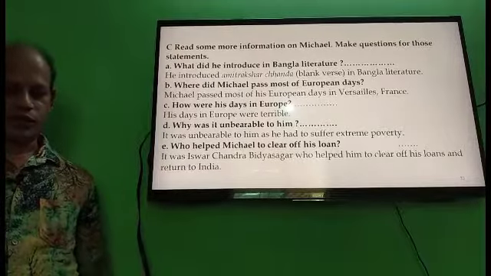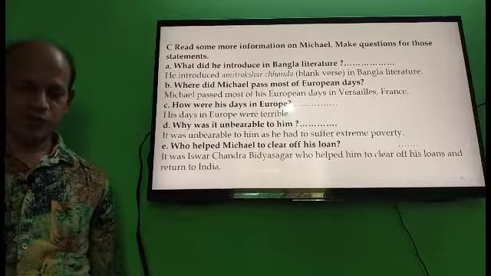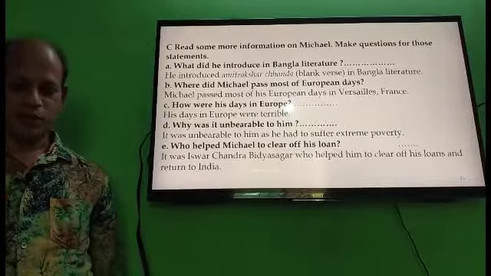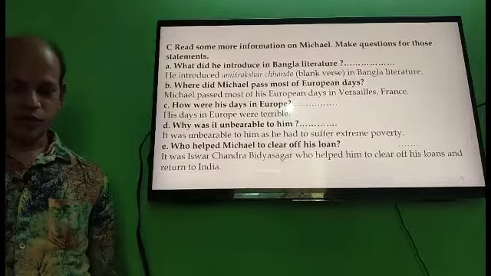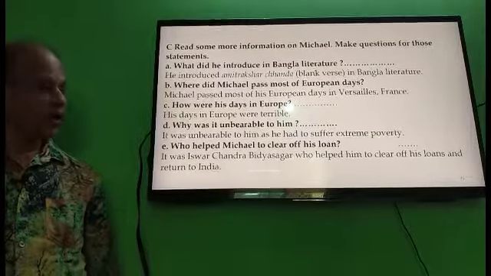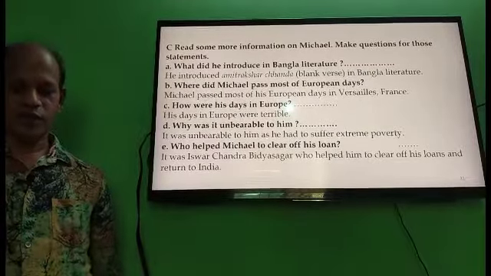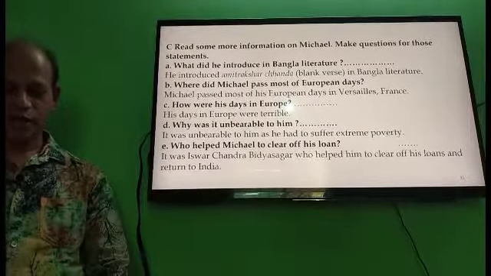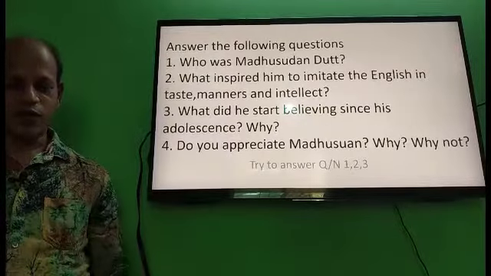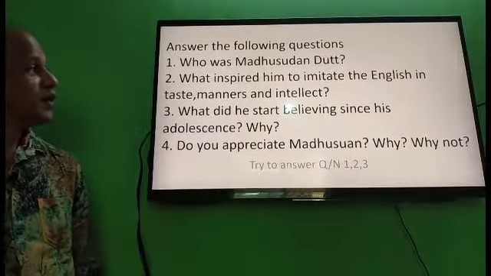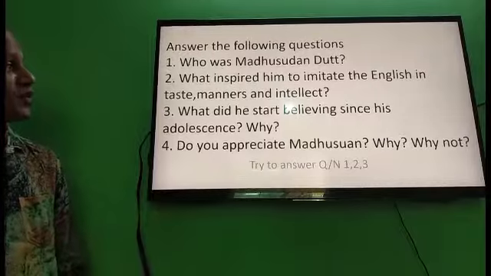So you see, there are 5 W's questions that you have made, and I have already got some sample questions. Now, read the text for 5 minutes and answer the questions given on the slide. Can you see the questions?